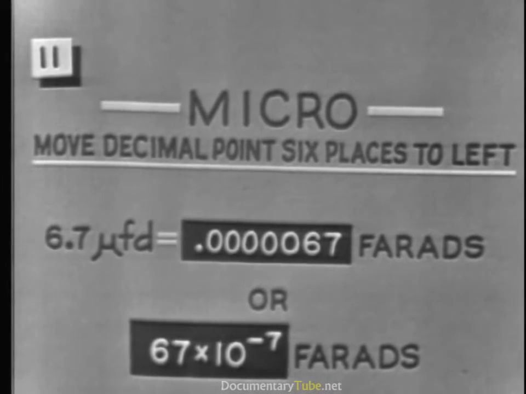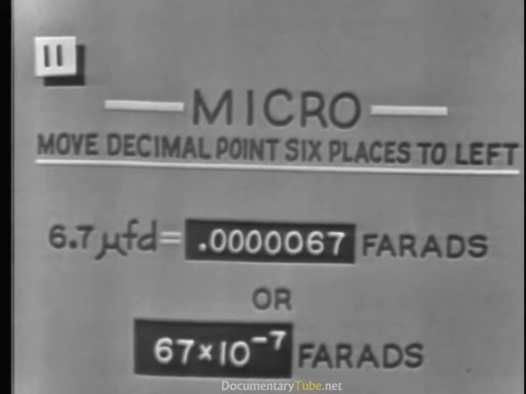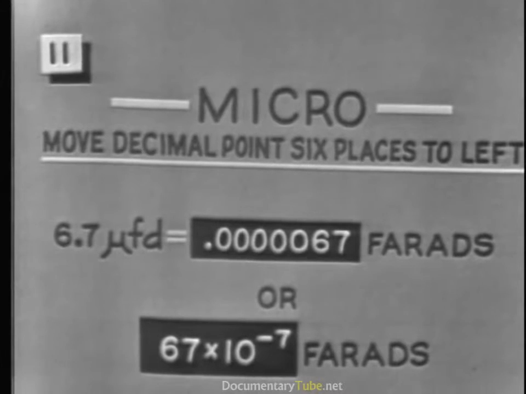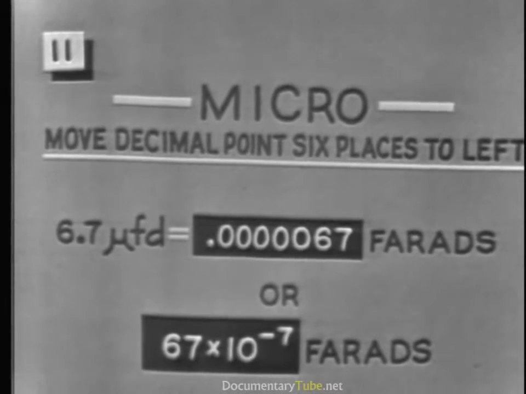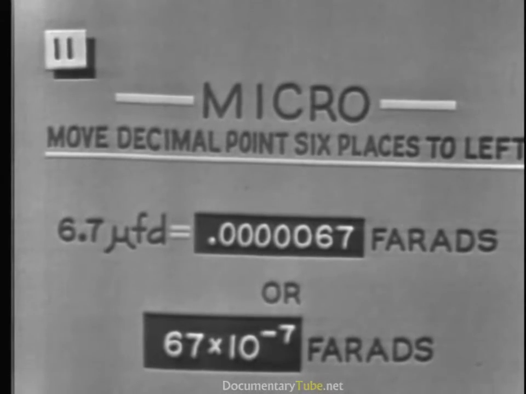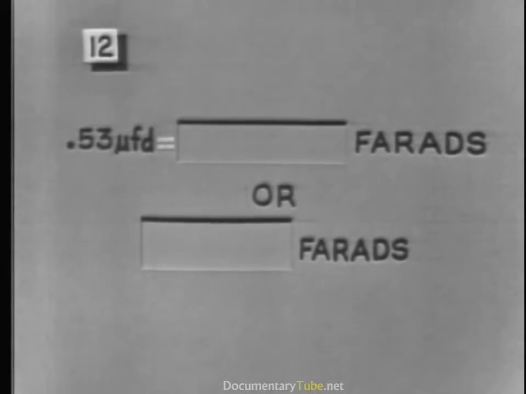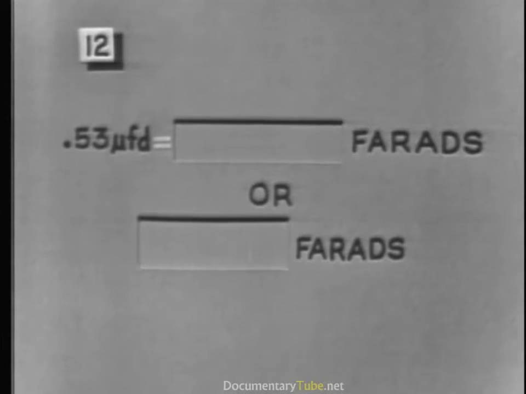Your answer, to be correct, should be one or the other of these, preferably 67 times 10 to the minus 7th power. Now answer number 12 on your response sheet.